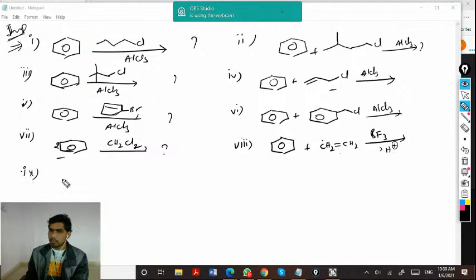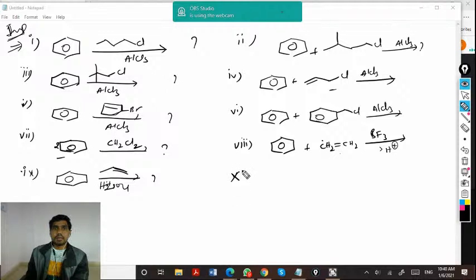Next, in the presence of H plus, or you can also take H2SO4. So all are electrophile formation reactions.